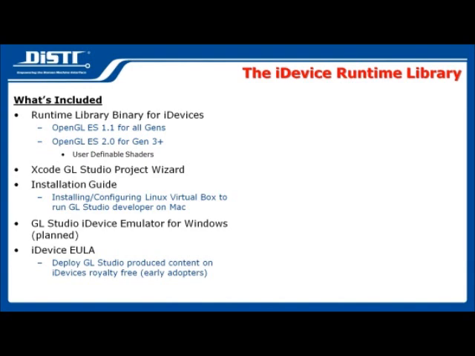And if you want to go with OpenGL ES 2.0, that would get you to currently the Gen 3 and better environment. What our library enables at that point is the ability for users to add their own user-defined shaders to the environment, which would be accessible through ES 2.0. So you'll have a little bit of flexibility in which area you choose.